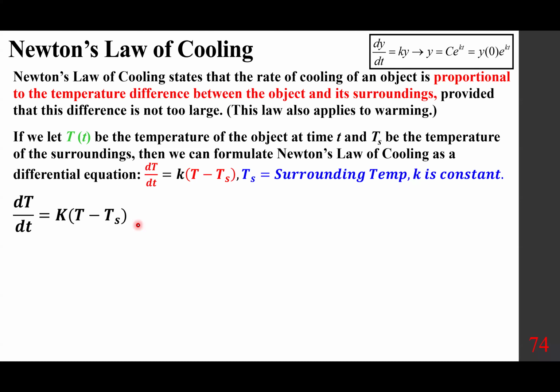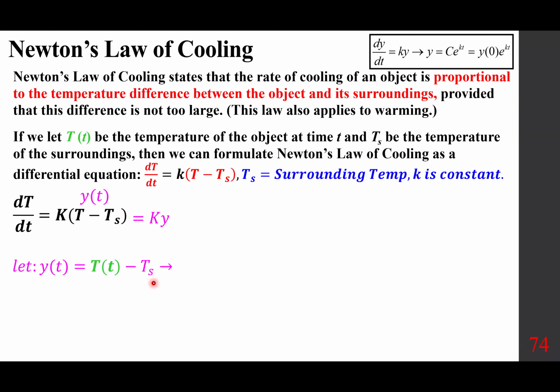To make it a tad easier, let's say this is represented by some function, for example, y or y of t. Therefore, dT/dt is ky. It's a shorthand notation. So if y is T minus T sub S, please understand this capital T means T as a function of t.